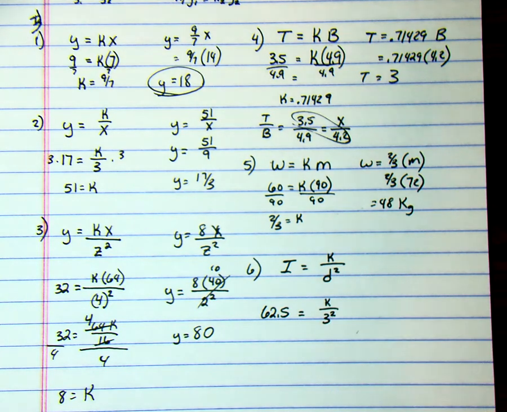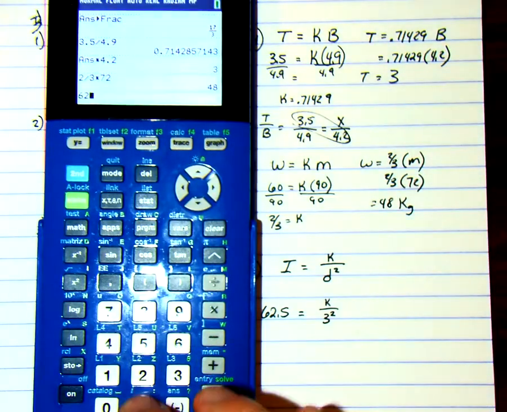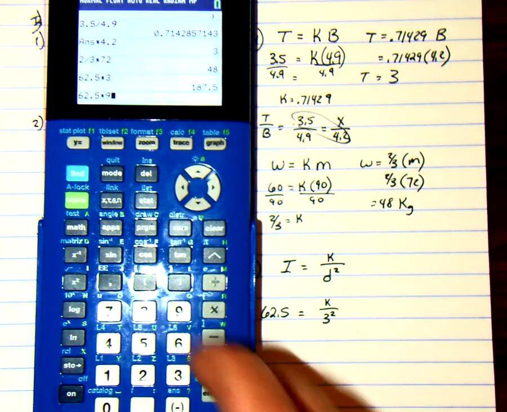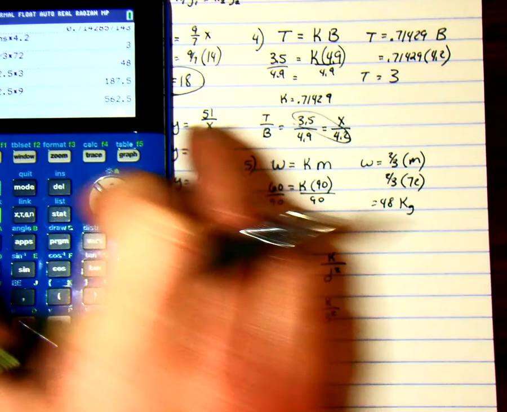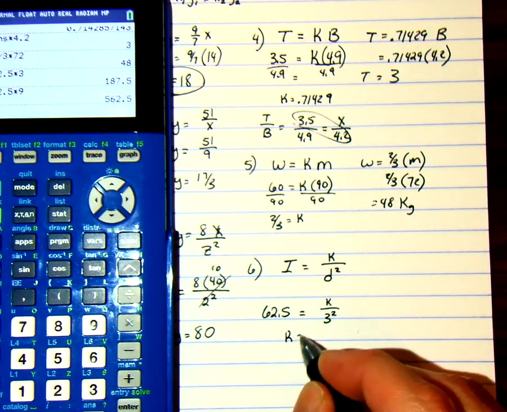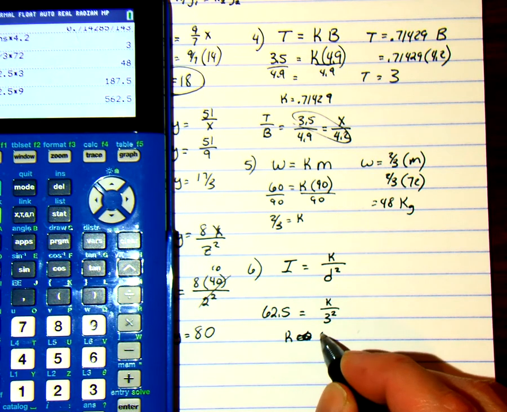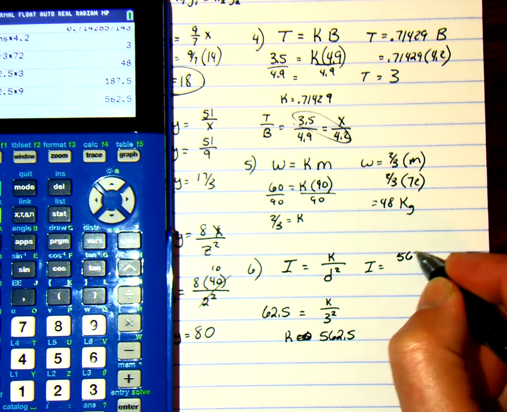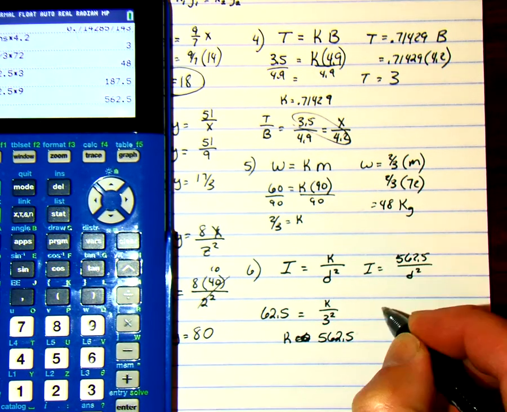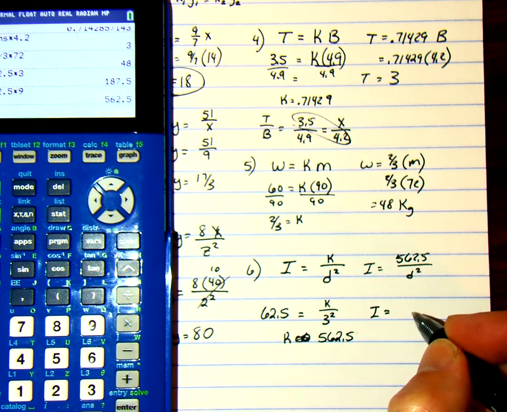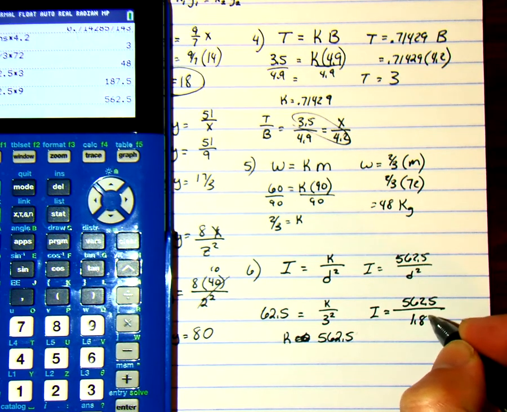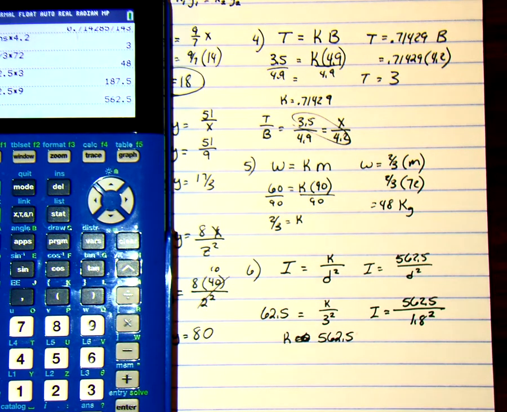So here we go. This is 9. So we're going to take 62.5 times 9, which is 562.5. So that means the intensity from radiation is going to be 562.5 divided by the distance squared. And we're asked to find what is the intensity of radiation when I am 1.8 units, meters, from the machine.